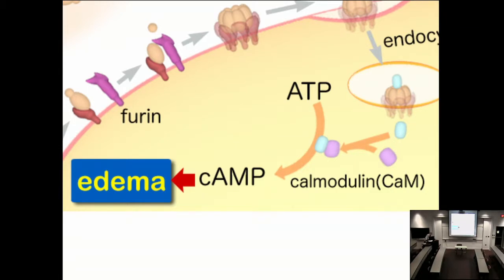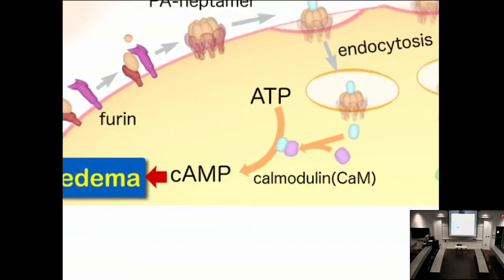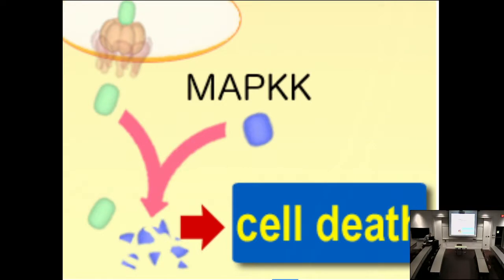We end up having one of these toxins interact with calmodulin, and that basically converts ATP into cyclic AMP. And so ATP is what your body uses for a fuel source, and so this is going to chew up a bunch of that and make it into cyclic AMP, and that's a problem. You're going to kind of run low on energy. The other problem is that it interferes with this mitogen activated protein kinase, the acronym MAPKK.